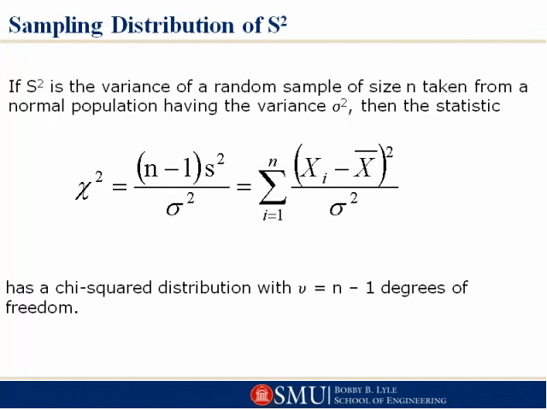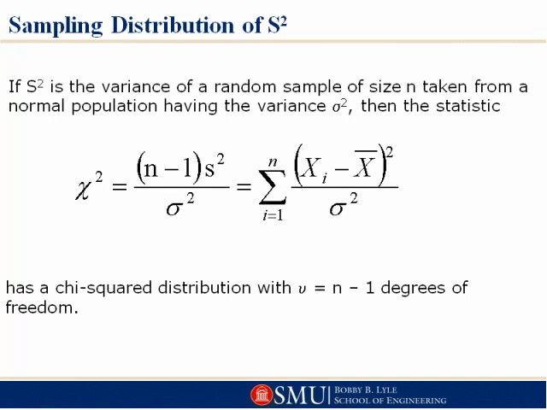So you repeatedly draw samples, and from this you could then see what the sampling distribution associated with the sample variances is: the probability distribution function associated with the sample variance. That would be the sampling distribution of S squared.